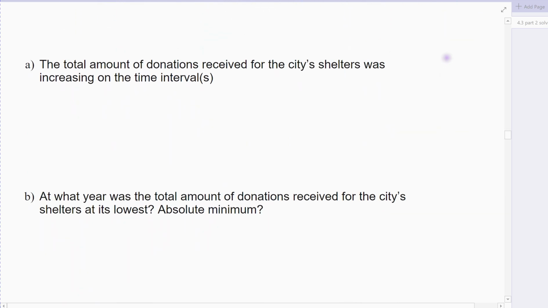So the first question is, the total amount of donations received for the shelter was increasing on what time intervals? Well, increasing means that's the area that is positive, right? The area above the x-axis or the t-axis.